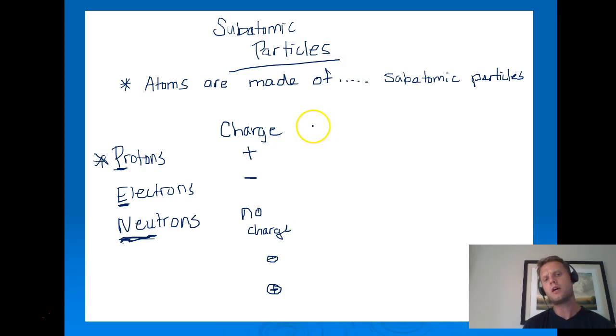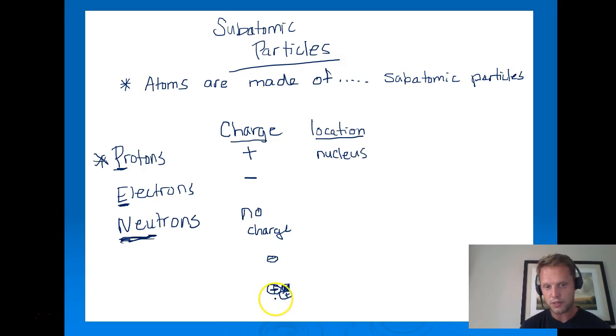So where's the location of these guys? Well, we know that in the center of an atom, you have the protons and the neutrons in something called a nucleus. So the nucleus is in the center. Along with the protons in that nucleus, you also have, I'll draw them solid, a whole bunch of protons in the center, and you might have some neutrons in the center.